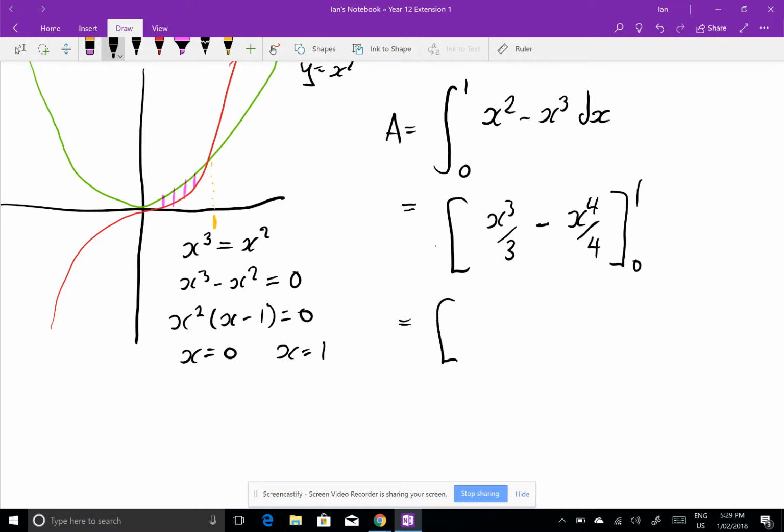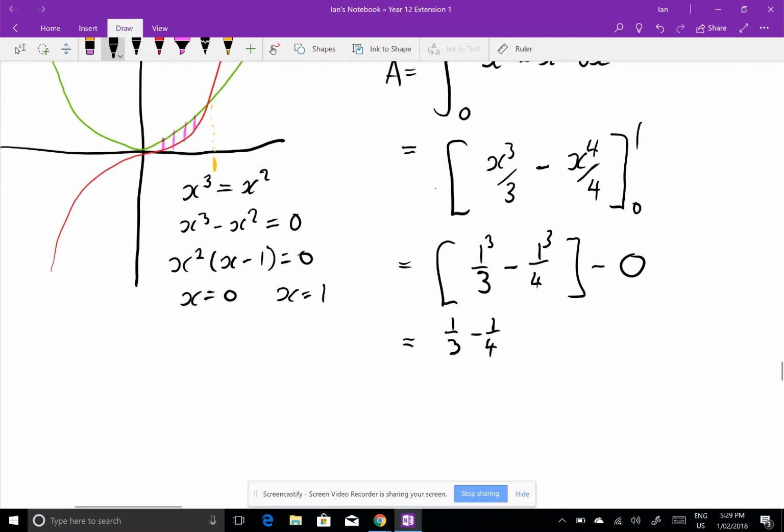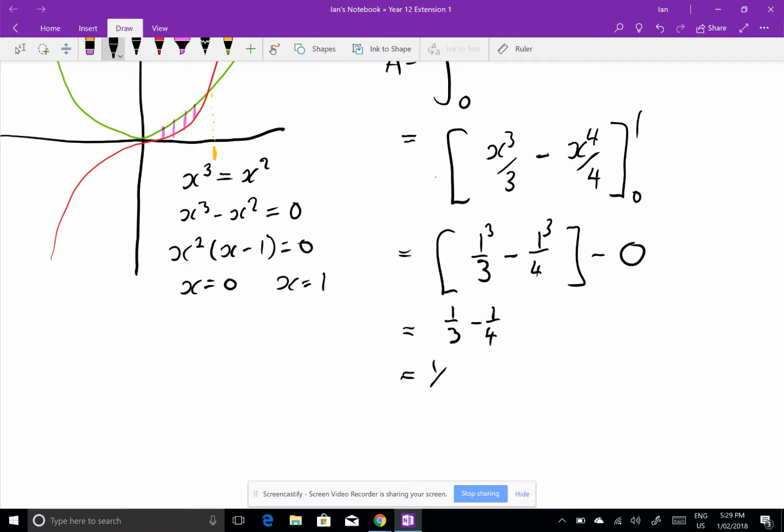So that gives us 1, because 1 cubed, I'll put the cube in there, but you should know, minus 1 on 4. Minus, all that's going to be 0, because 0 on 3 minus 0 on 4, which gives us a third minus a quarter, which equals a 12th units squared. And that one's right as well.